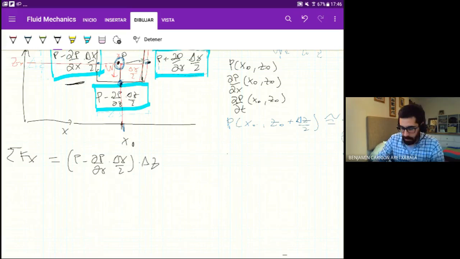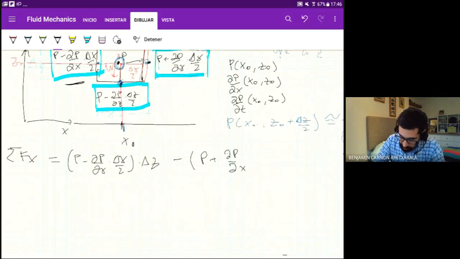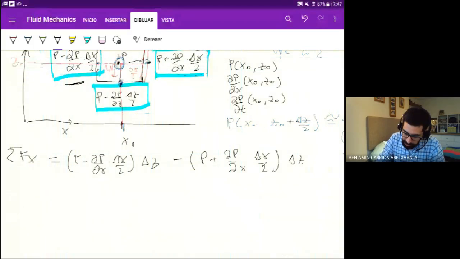And in the opposite direction, we have a negative force, equal to the pressure on the other side, P plus dP at dx times delta x half, multiplied by the area of that side, which is again delta z. And this should be 0 since we are in equilibrium.